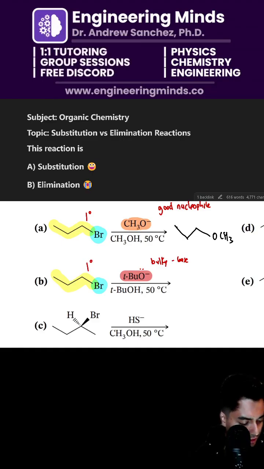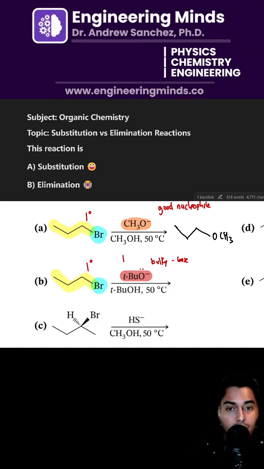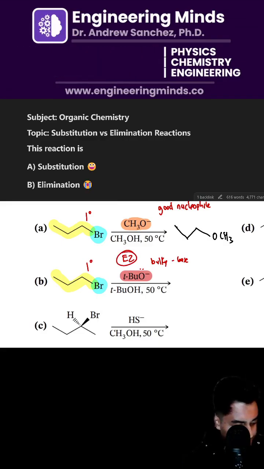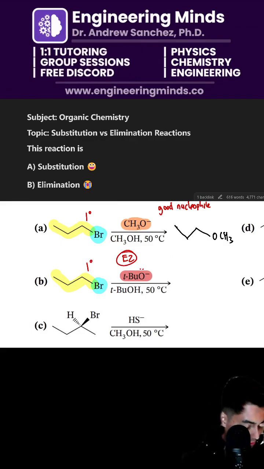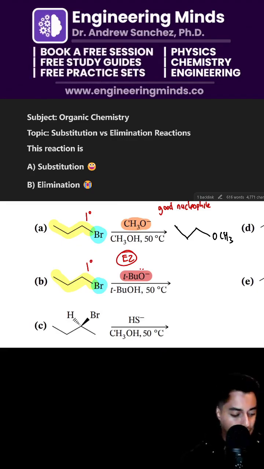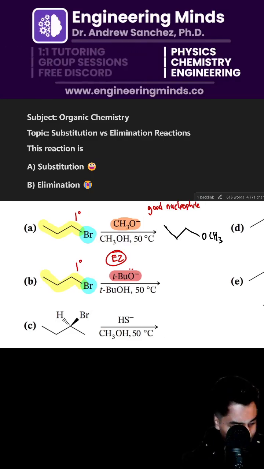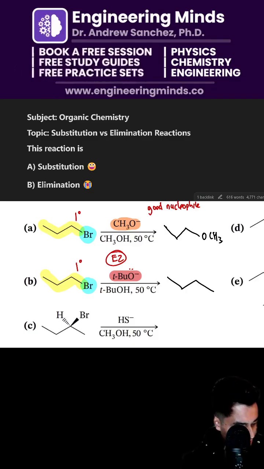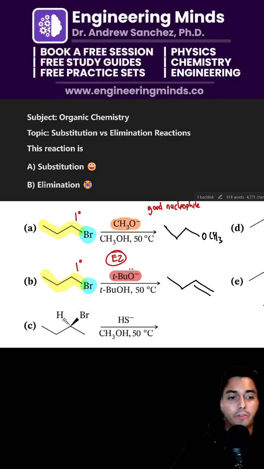This is going to be elimination, and in particular, it's going to be an E2 reaction. So careful with that, chat. This is a tricky one. A bulky base is going to be E2 here. And therefore, if this is E2, the final product is basically the same thing: kick off that group, and it's going to generate that alkene as our final product.